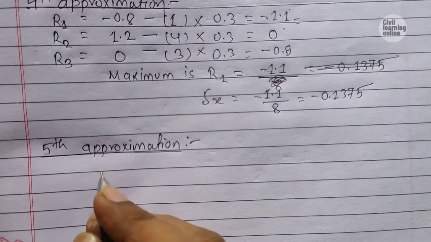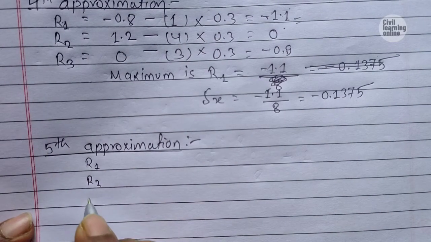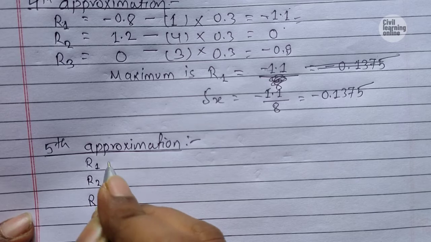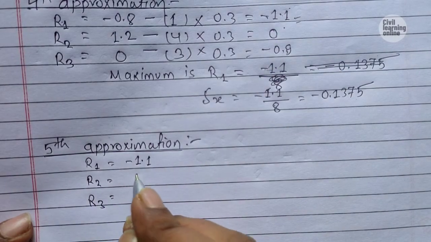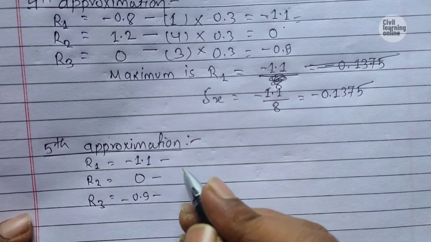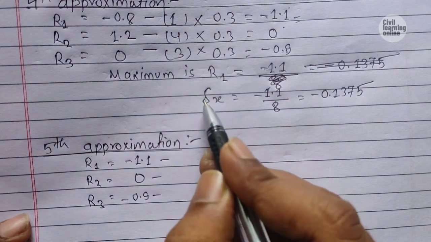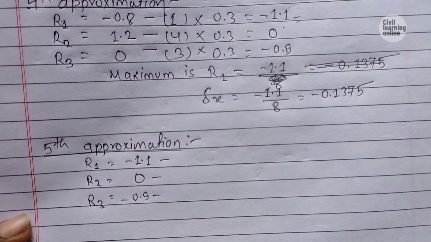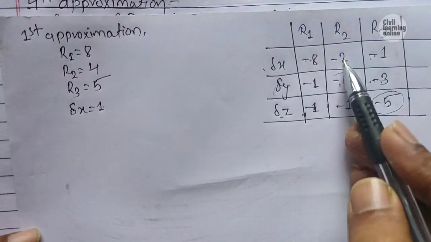In the fifth approximation we will again rewrite it as R1, R2 and R3, and copy the values, that is minus 1.1, 0 and minus 0.9. Put the minus sign, and after putting the minus sign we need to check the table again. We have calculated the value of del x, and in the del x column we have minus 8, minus 2 and minus 1.